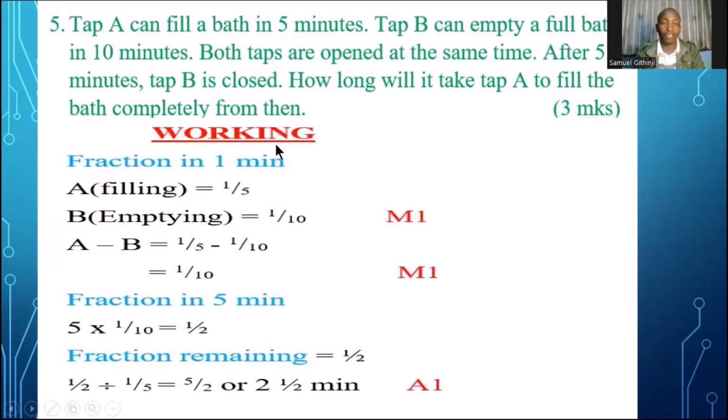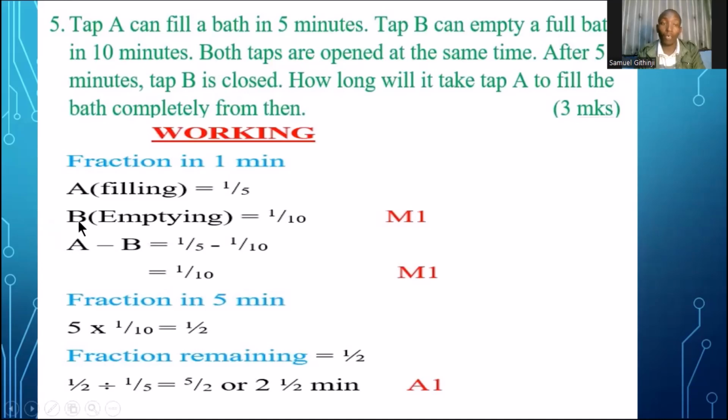Consider this. This is a rate of work. We're talking about a fraction of the bath each tap can fill or empty within 1 minute. So if tap A can fill the whole bath within 5 minutes, it means within 1 minute, a fifth of the bath will be filled up by A. B takes 10 minutes to empty the whole bath.